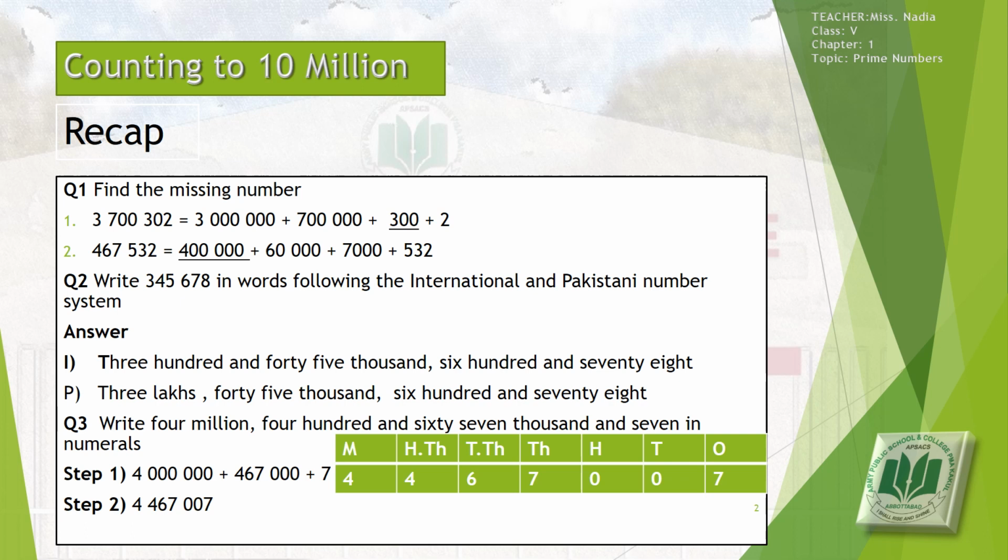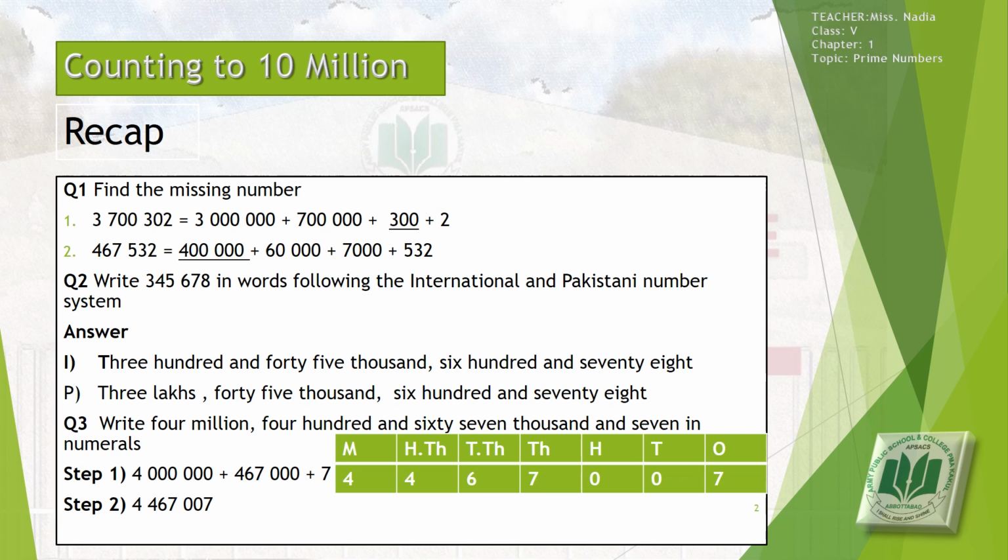Our second question, write 345,678 in words following the international number system and Pakistani number system. In the international number system, the digit 3 is in 100,000 place, 4 is in 10,000 and 5 is in 1000 place. The place value of 6 is 100, 7 is 10 and 8 is in ones place.